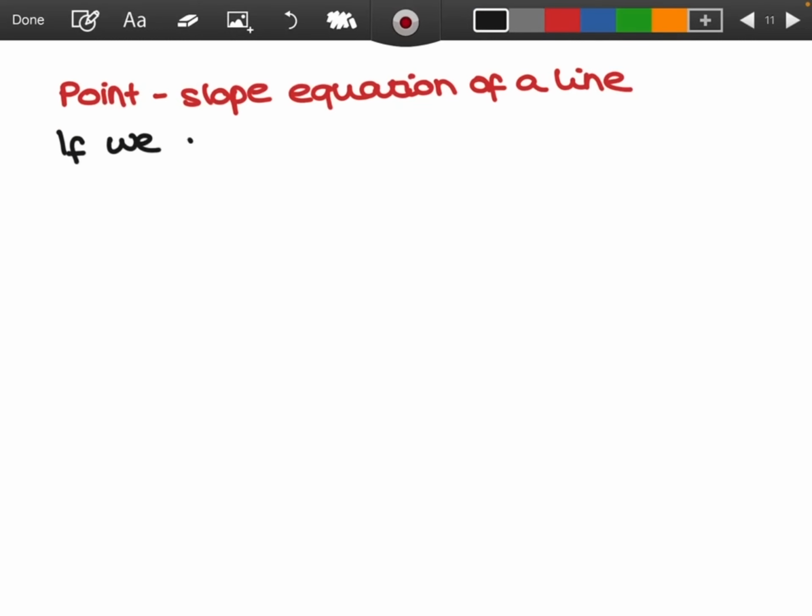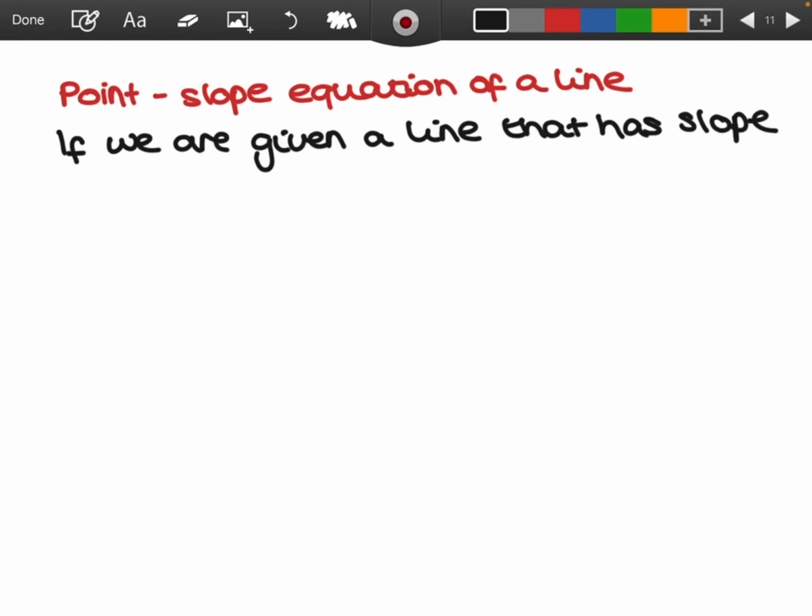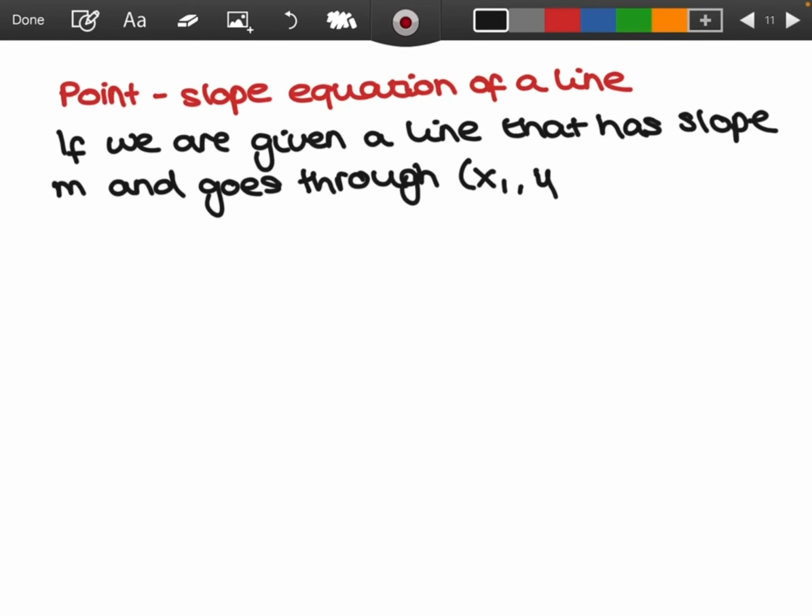So if we are given a line that has slope m and goes through, say, x sub 1, y sub 1 as our particular point, okay?